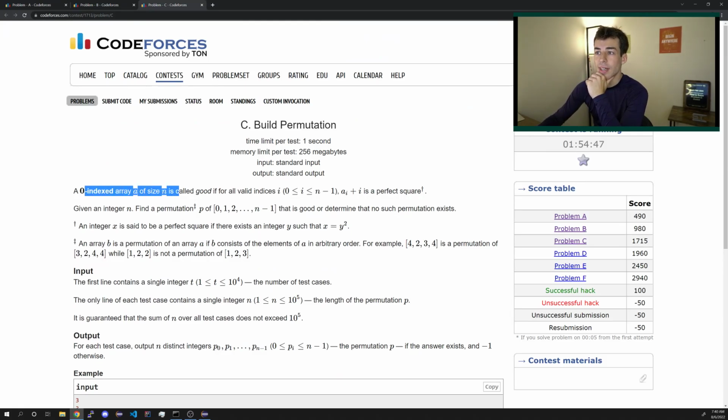A zero indexed array A of size n is called good if for all valid indices I, A I plus I is a perfect square.